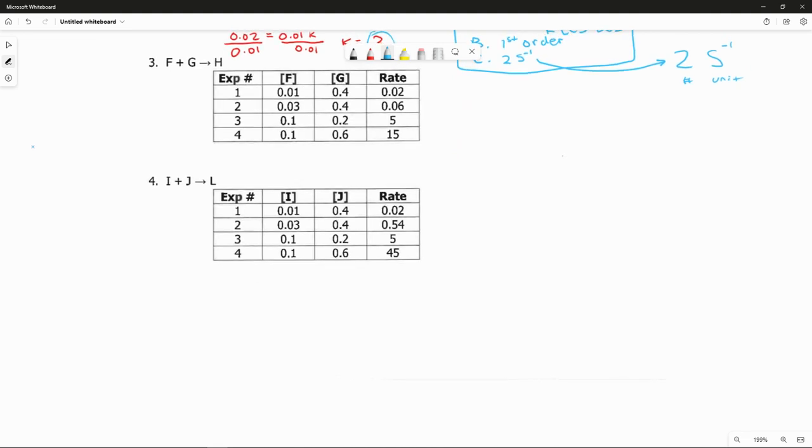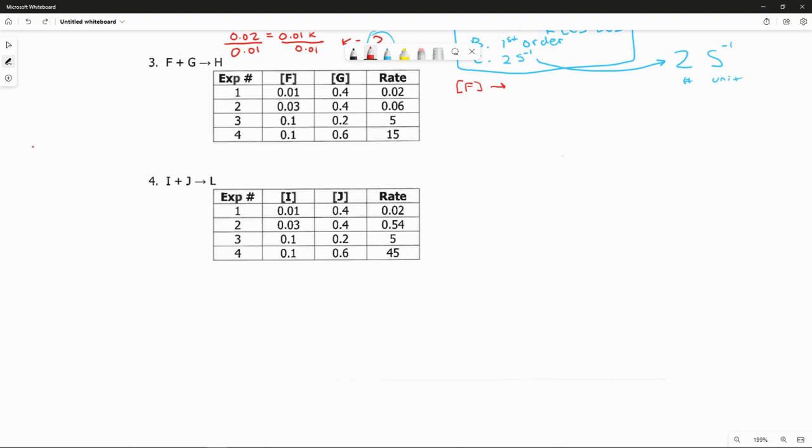Number 3 is F plus G combines into H. Same process, let's calculate the orders first. The F order: this time we have 4 points. So we want to look at the ones where F changes and G remains constant, and G changes and F remains constant, vice versa basically.